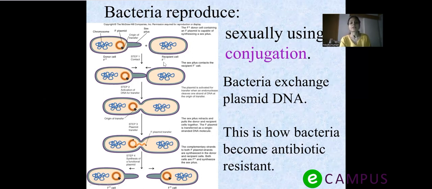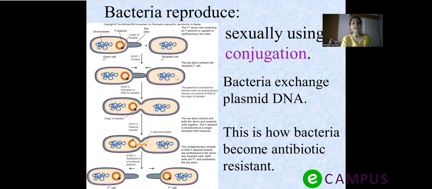The F plus donor cell containing an F plasmid is capable of synthesizing a sex pilus. This is the pilus, right? The sex pilus comes in contact with the recipient F minus cell.